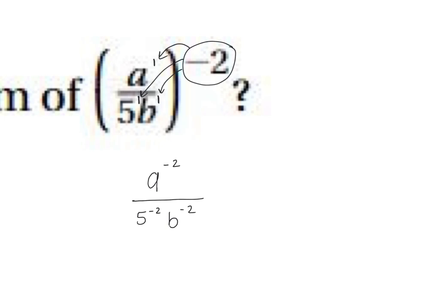No. I see what you're saying, but remember, even if we wrote 5b squared, you still distribute this 2 to both exponents, right? Now if it was 5b squared, what's my base? B, right? So the squared is only on the b, not the 5. But when they are in parentheses, just like you said, 5b is our base, so we have to square both of them, okay?